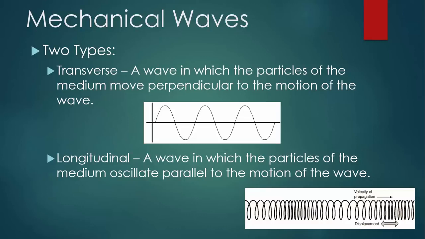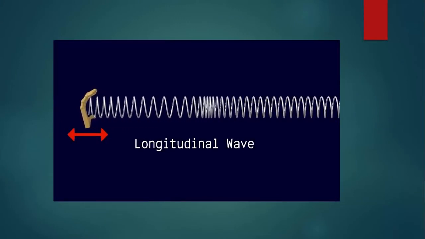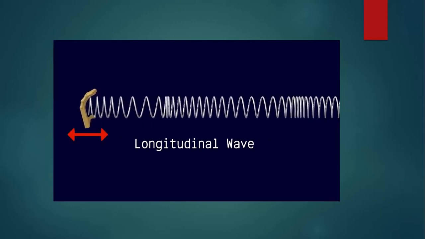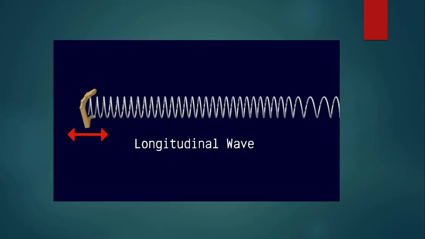Try to copy something like that into your notes. It will be important for you to know that sound waves are longitudinal. In a longitudinal wave, the disturbance that makes up the wave is along the direction in which the wave travels. Longitudinal waves are also referred to as compression waves.